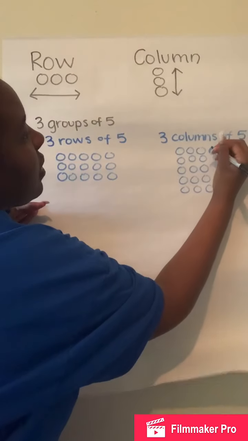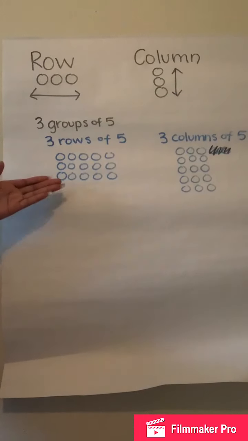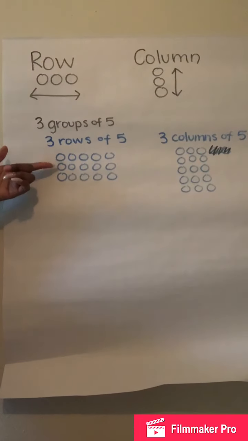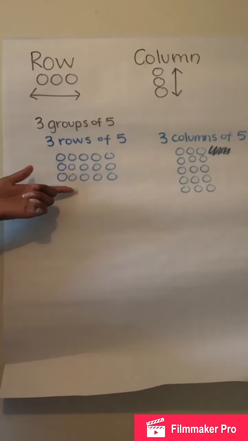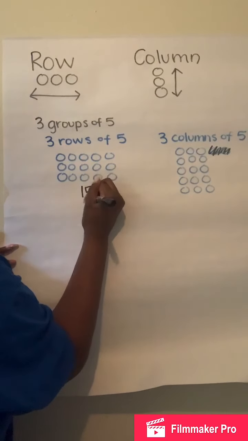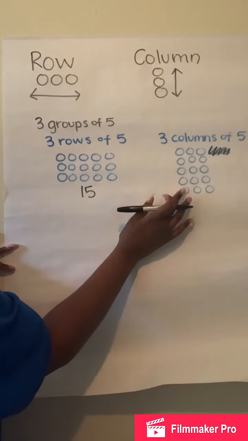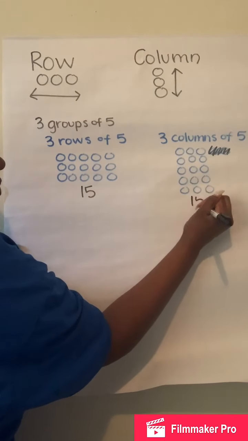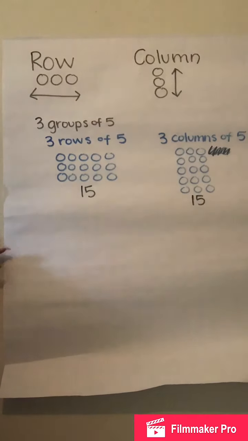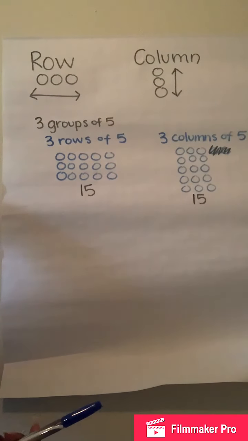So in each one, 5, 10, 15, there's 15. And then 3, 6, 9, 12, 15, there's 15. Either way, it's the same equation. It's the same problem. It's the same number.